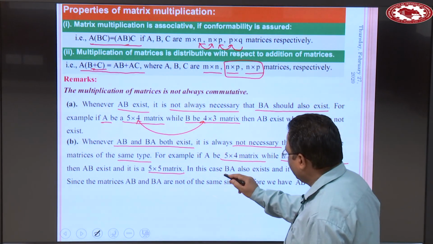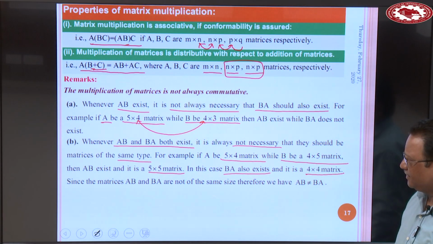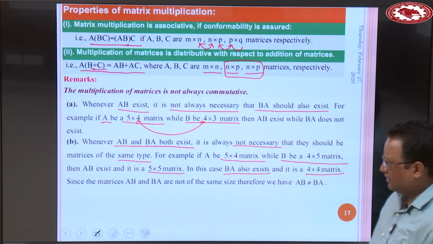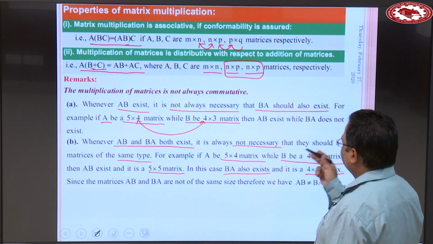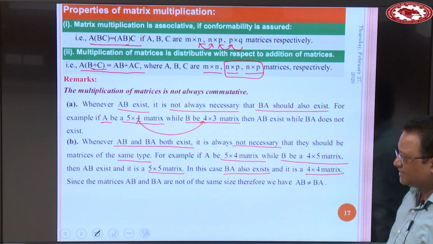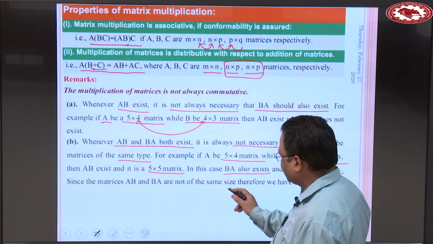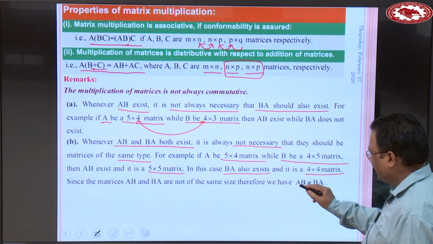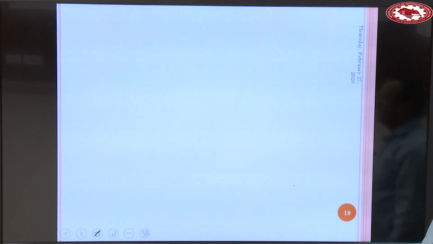In this case BA also exists, but it will be a 4 by 4 matrix. So, since they are not of the same size, we have AB not equal to BA, clear.